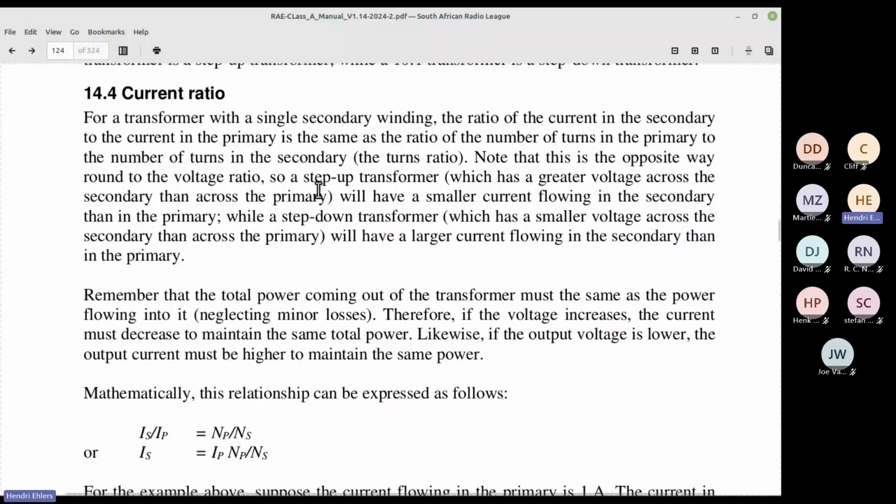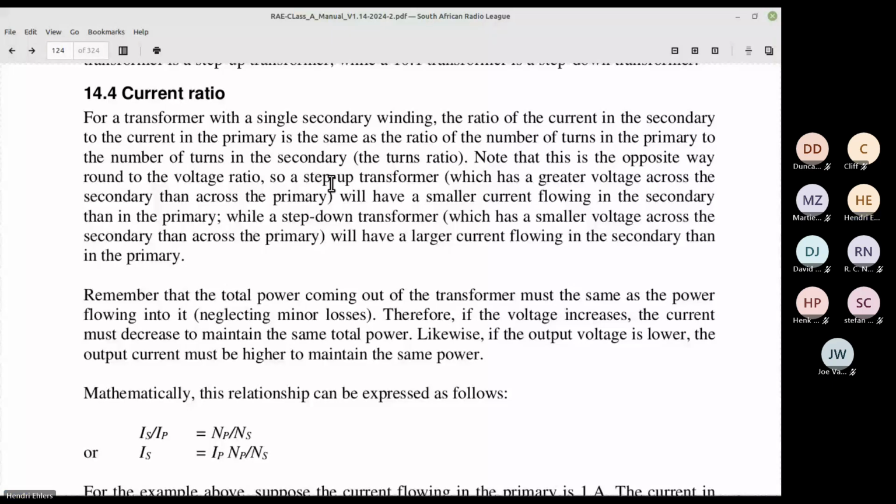Right. So the current, if you have, I'm just trying to think how I'm going to say this. If you have 100 watts on the primary side of power, and you will have 100 watts on the secondary side.